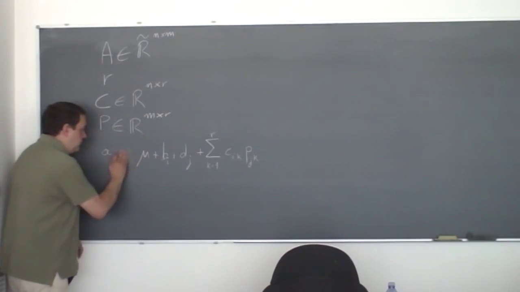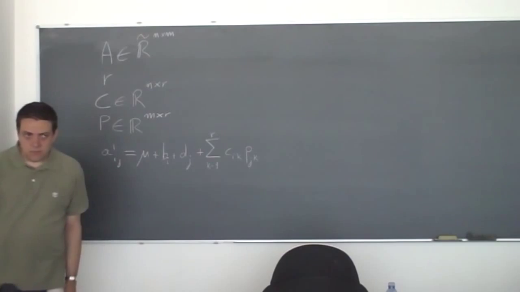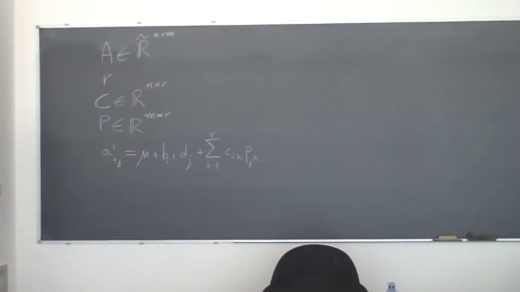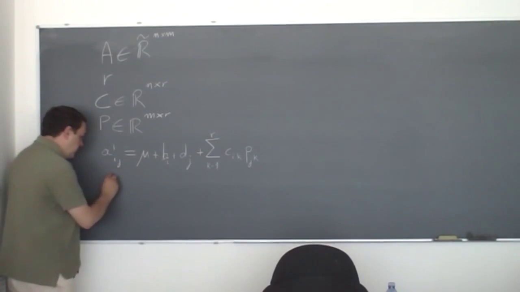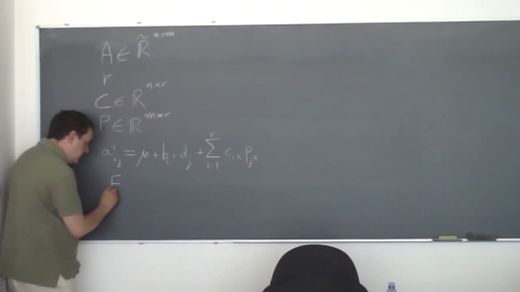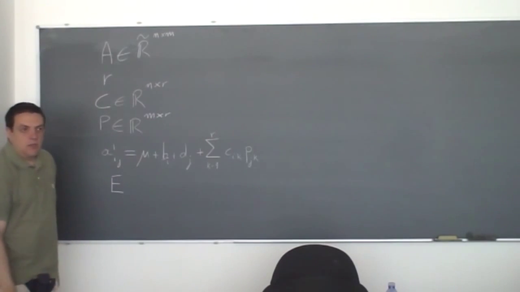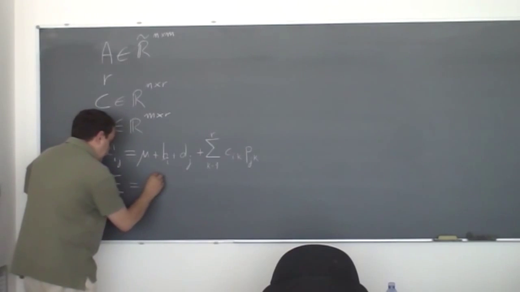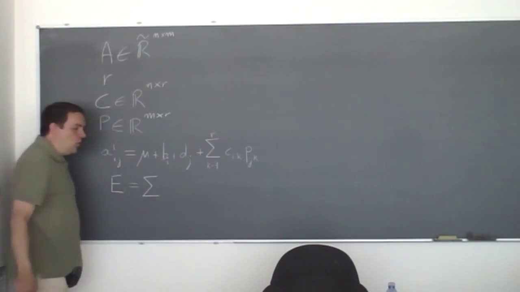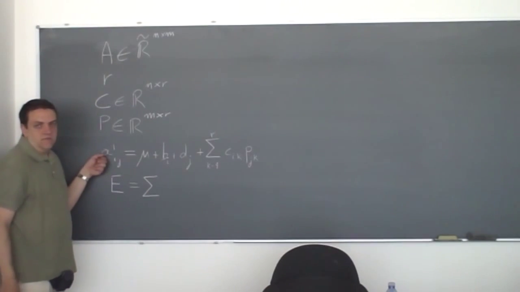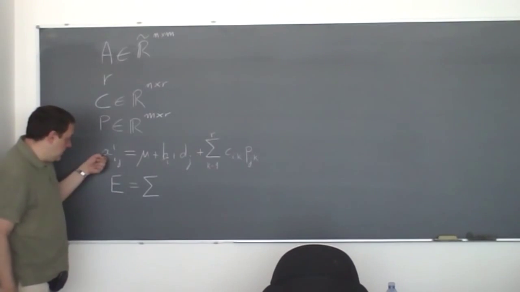And if we call A prime ij this approximation, we want to minimize the overall error E, which is computed by adding up all errors in all vote predictions.